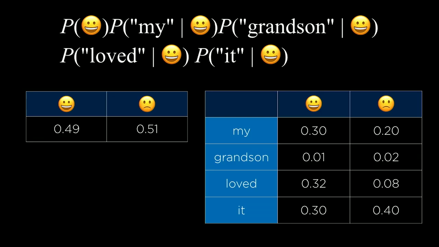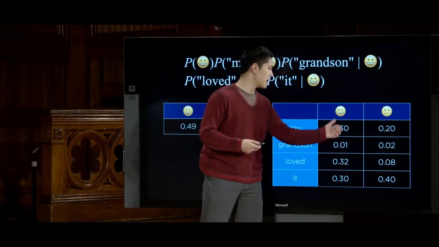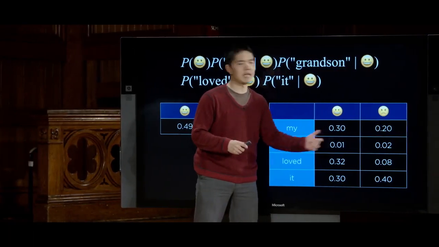And then I have distributions for each of the various different words. Given that it's a positive message, how many positive messages had the word my in them? It's about 30%. And for negative messages, how many had the word my in them? About 20%. So it seems like the word my comes up slightly more often in positive messages.